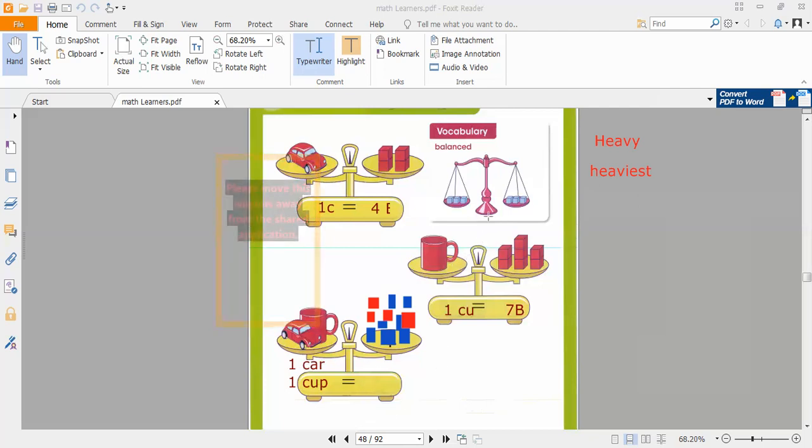So 11 equals how much? 11 blocks. Okay. If the weight of one car is 4 blocks and one cup is 7 blocks, how much will be the weight of one car and one cup all together? So it will be 11 blocks all together. 11.